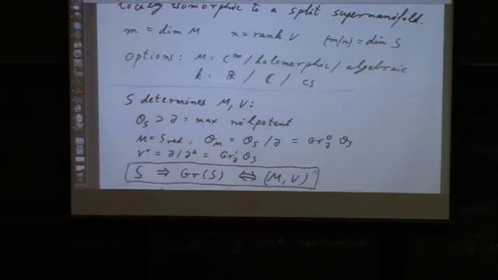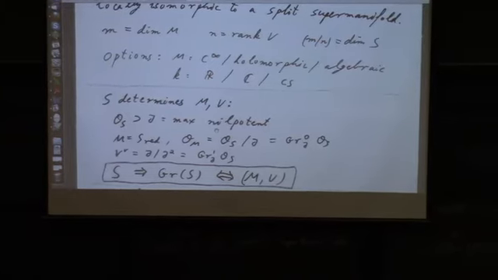Anyway, so I said that the bundle V doesn't quite patch together. That is not true. The supermanifold S does determine both M and V. The formal way to say it is that the structure sheaf contains the maximal nilpotent ideal, the ideal of all nilpotents in the structure sheaf, which, if the thing were split, so that it was just an exterior algebra, would be everything except for the grade 0 piece.